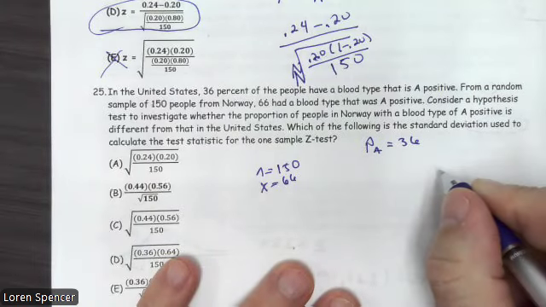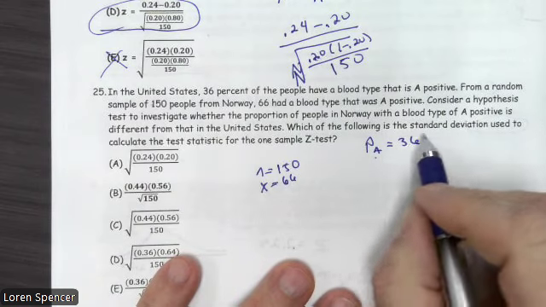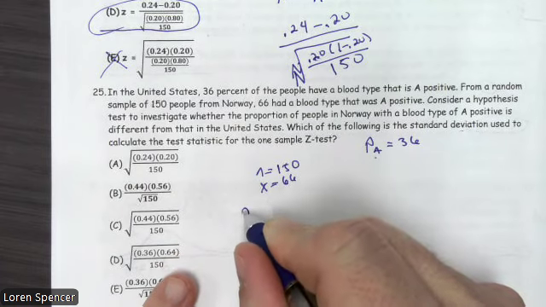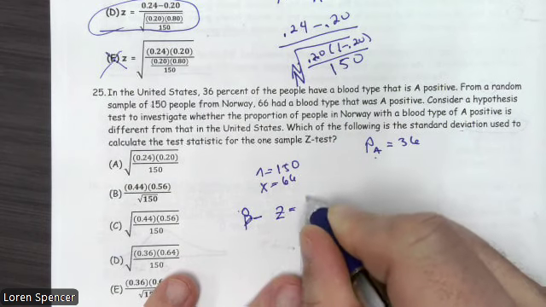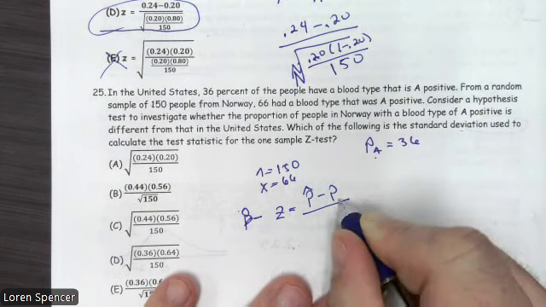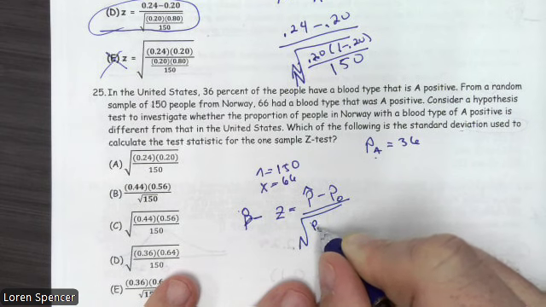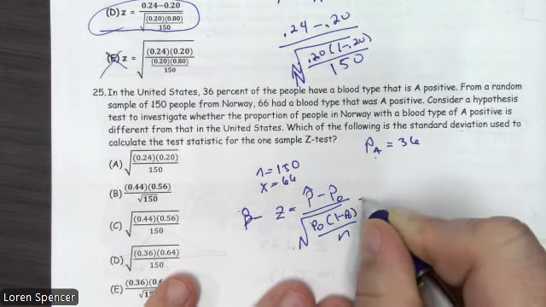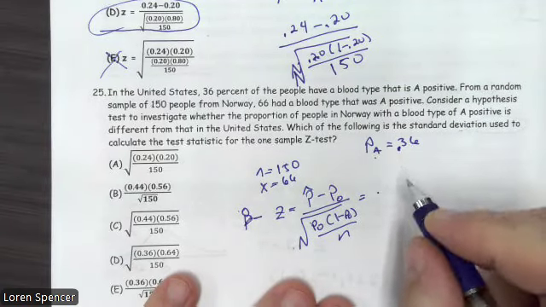So for this is what we claim, and the formula is going to be Z equals P hat minus P naught over the square root of P naught times 1 minus P naught over N. And this P naught should be 0.36.